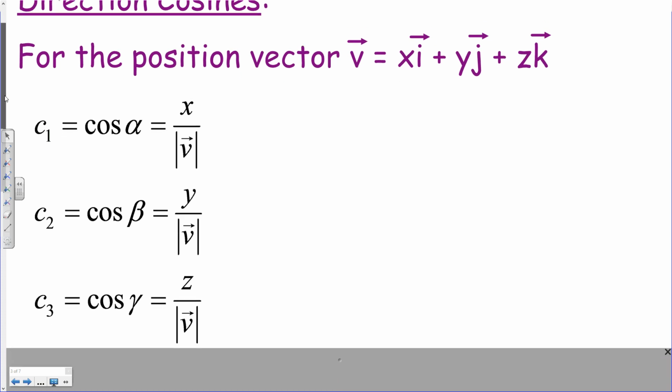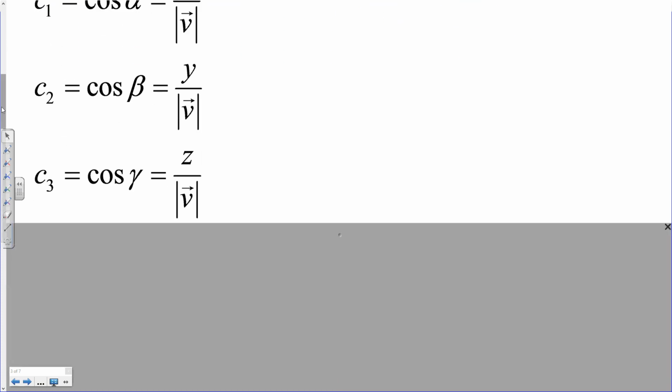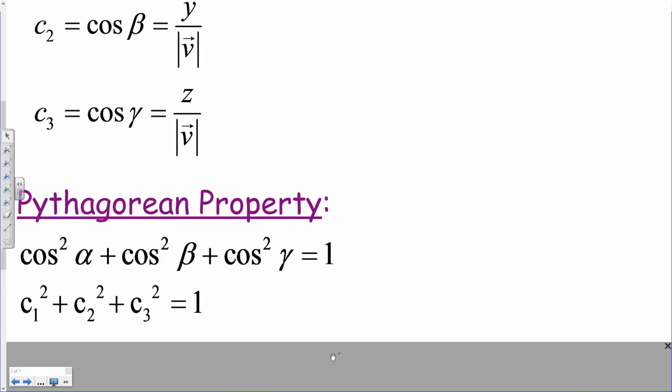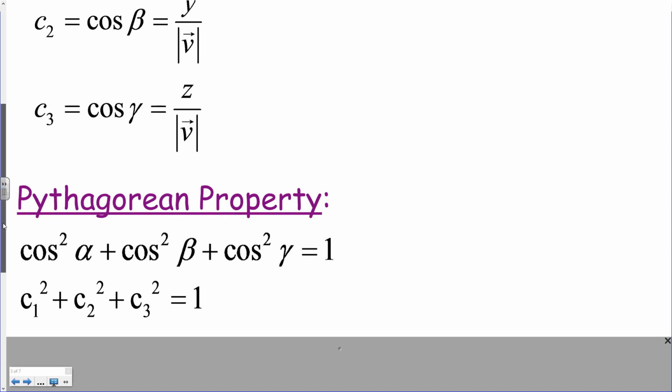Now, there are some interesting properties that develop from these direction cosines. The first one is what we call our Pythagorean property, named, of course, because of the Pythagorean theorem.